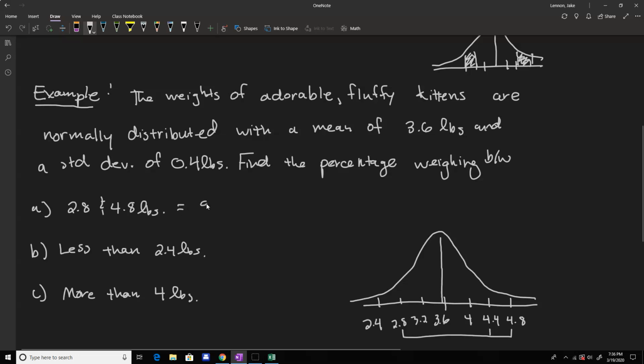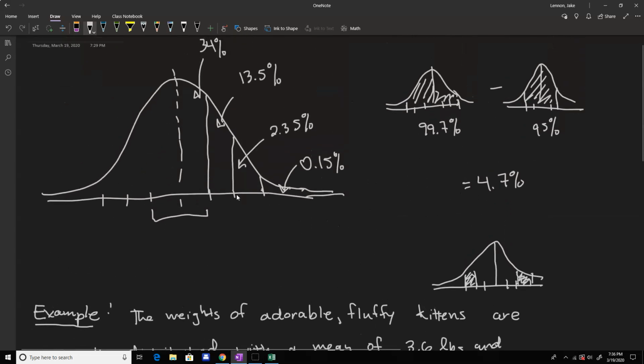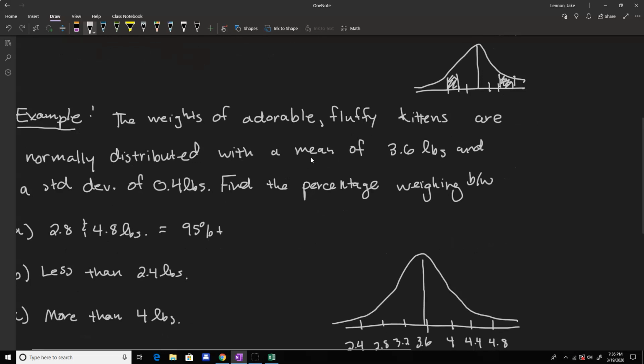So this would be 95%, 2 below to 2 above, plus one more little section, the section from 2 standard deviations to 3 standard deviations. So if we look back here, 2 standard deviations to 3 standard deviations is this 2.35%. So that's what we have to add. So 97 plus 2.35, that adds up to 97.35%.